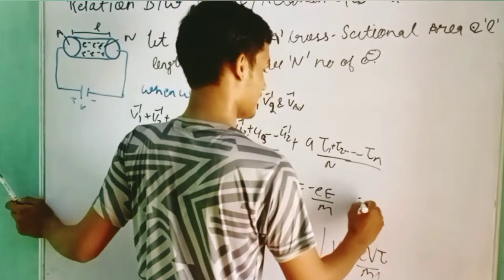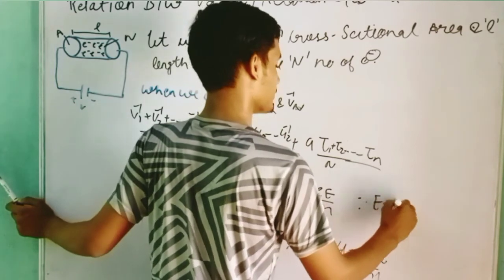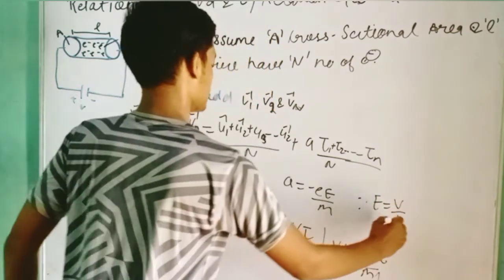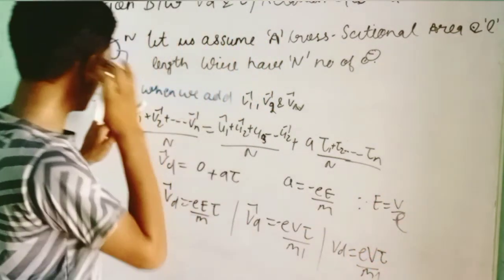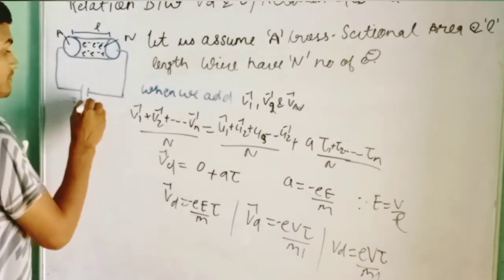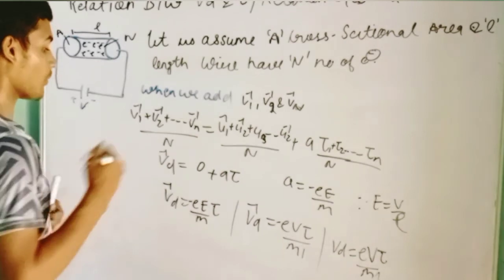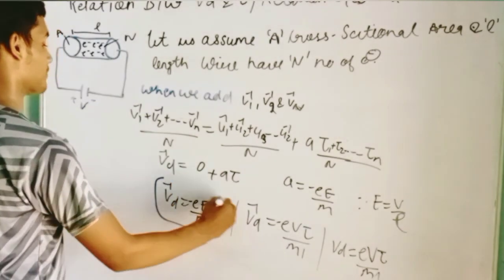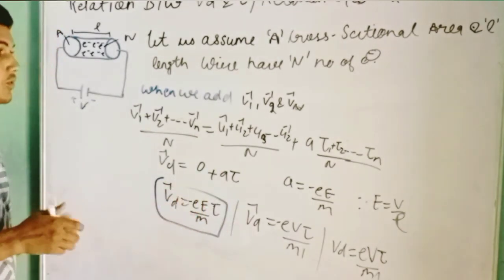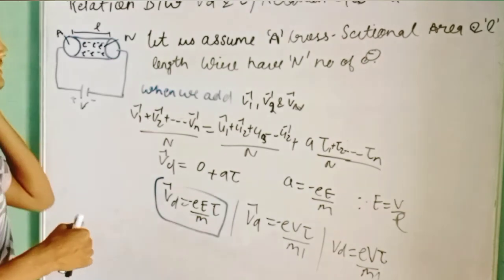We know that here E is equal to V upon L, because V is the volt of the battery. So vd is equal to eV tau upon mL. That is the formula for drift velocity, eE tau upon m. So that is our today's topic.